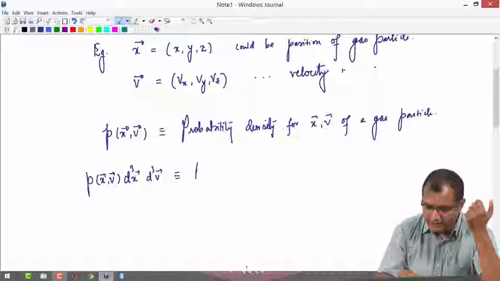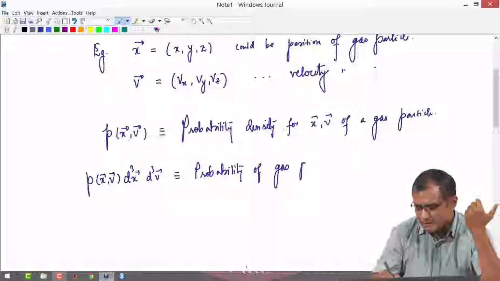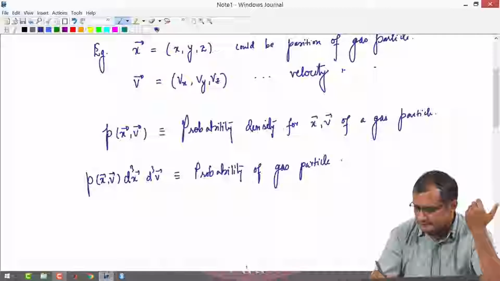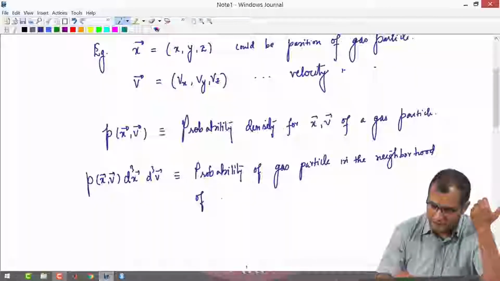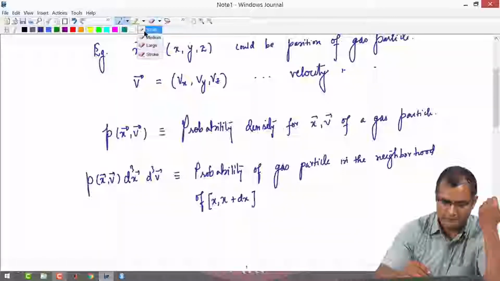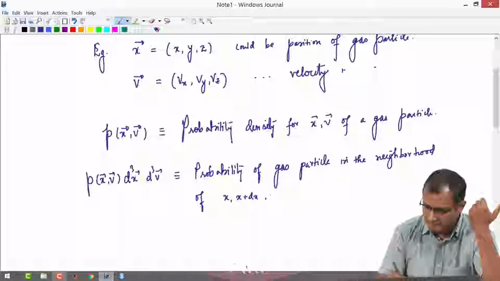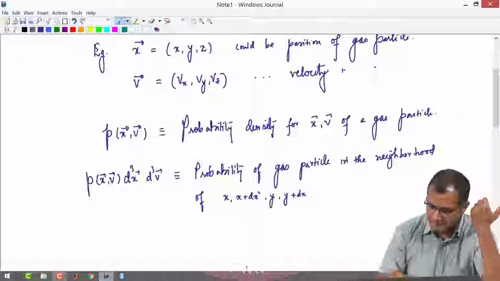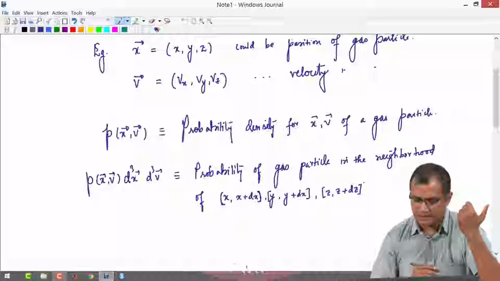So this will give you a probability of finding a gas particle in the neighborhood of x plus dx, y plus dy, z plus dz, and the velocities.